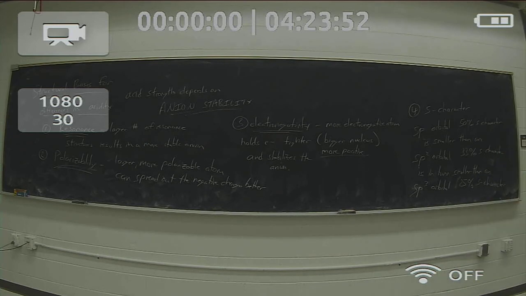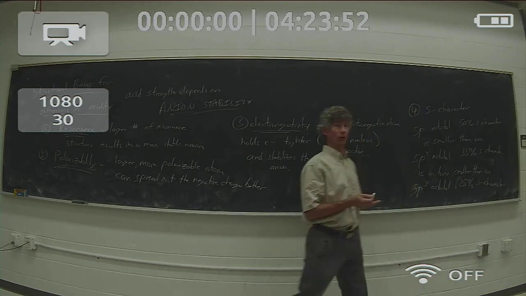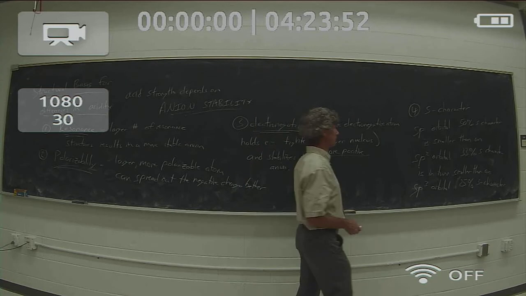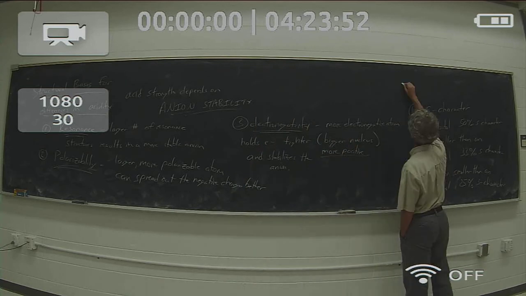The smaller the orbital, the closer the electrons are to the nucleus. And the closer the electrons are to the nucleus, the more Coulomb interaction there is, and the more stable the charge is.